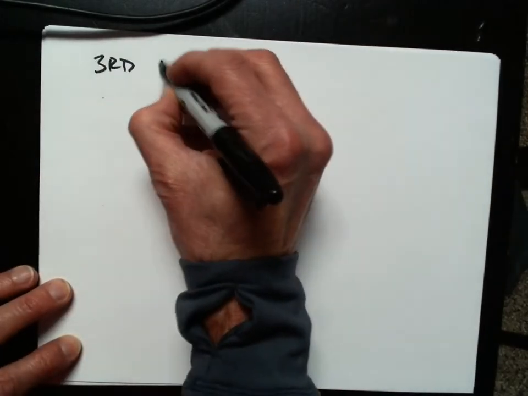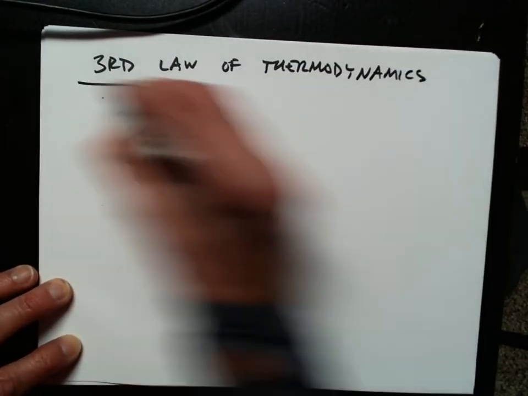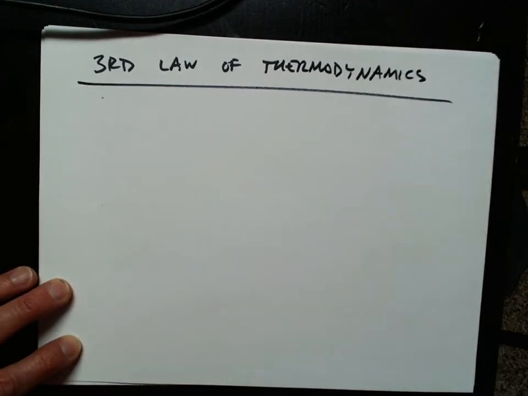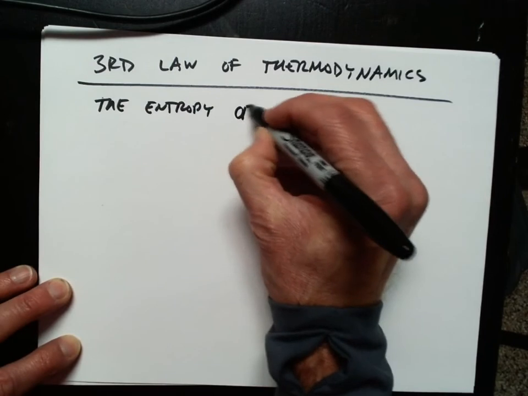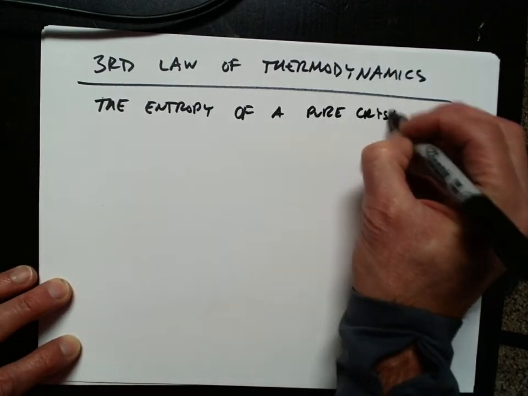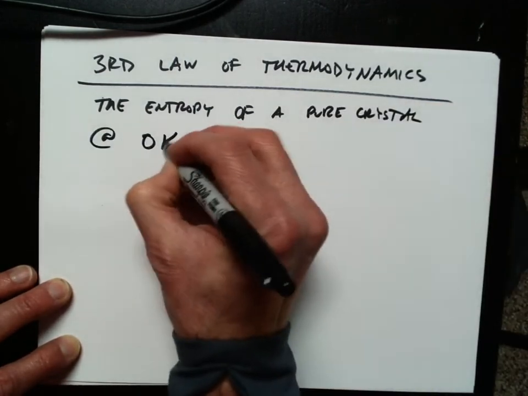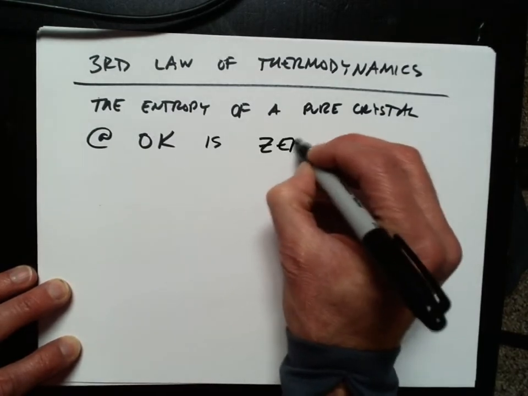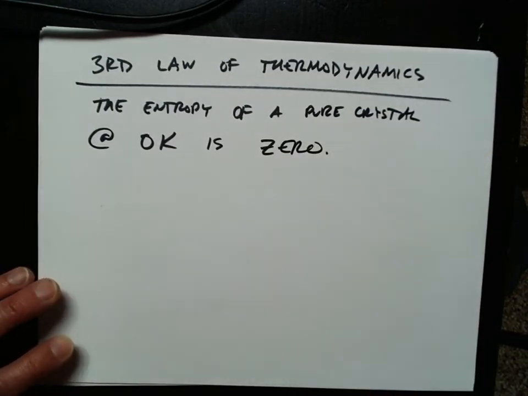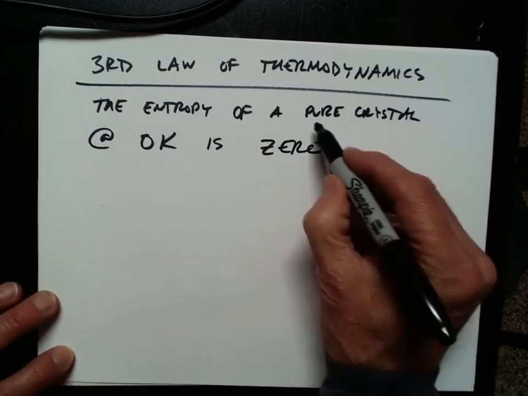Finally, we'll go to the 3rd law of thermodynamics. This law also deals with the entropy, and it states the entropy of a pure crystal at absolute zero is zero. So you have perfect organization, I suppose.